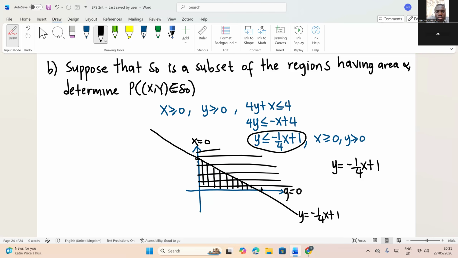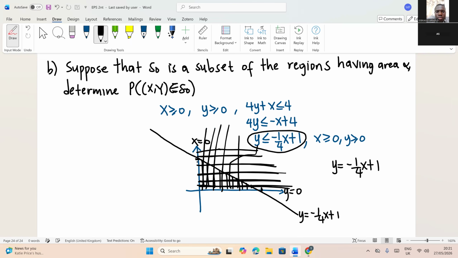I have to be careful about what I have shaded.